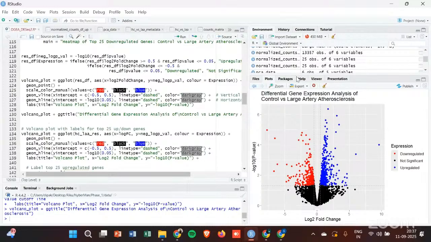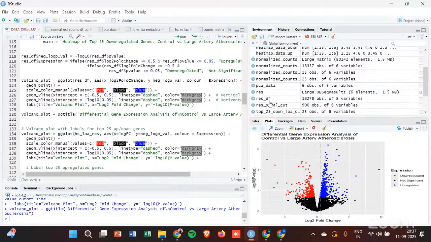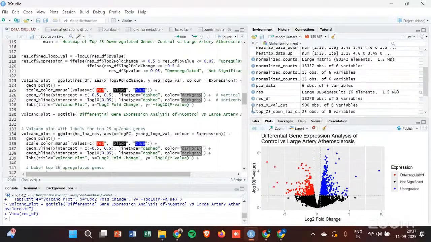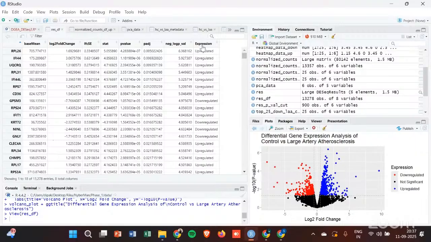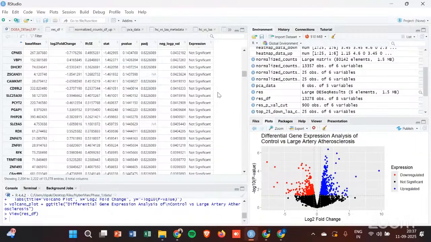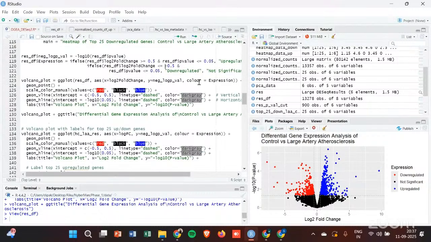If you see here in resdf, we will now have a column which has expression as well, whether it is upregulated or downregulated or not significant based on our cutoffs. That is all we are trying to plot here. The v line and h line are vertical and horizontal lines that show beyond which you are defining your statistical significance. Okay.